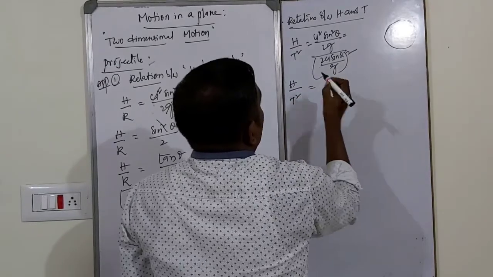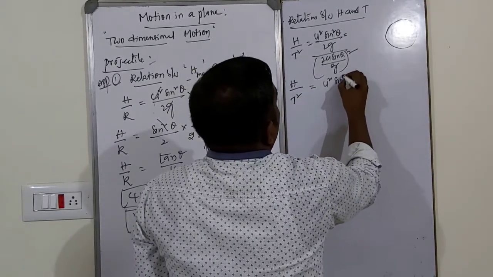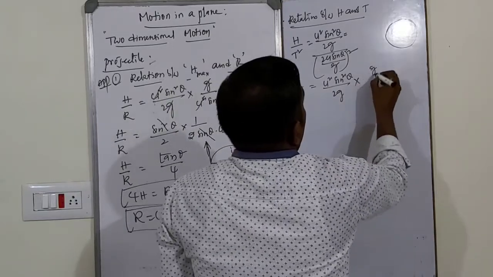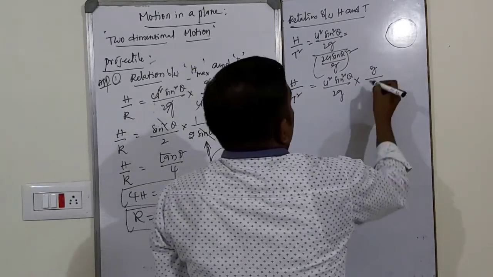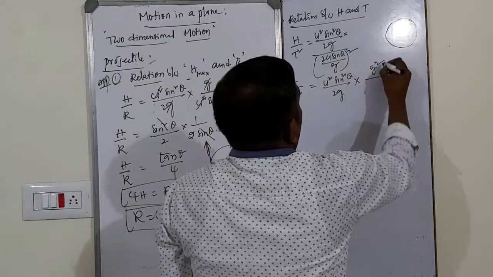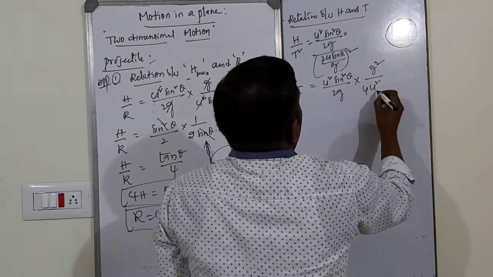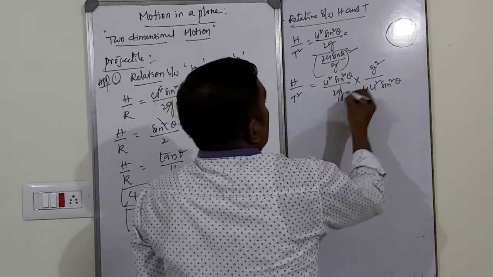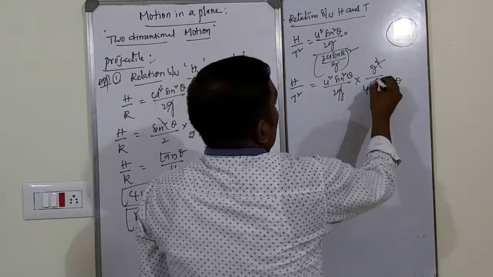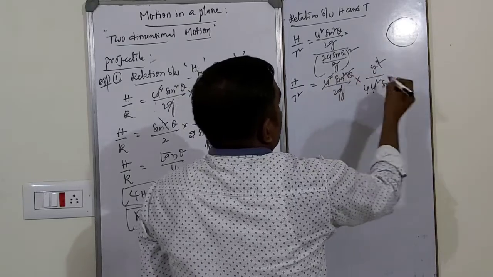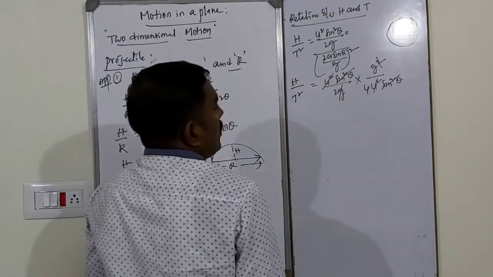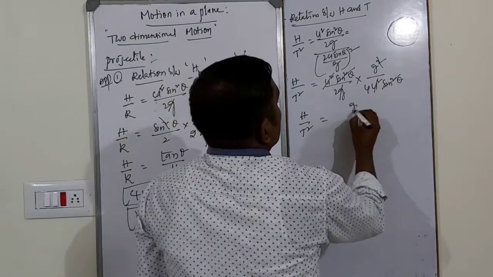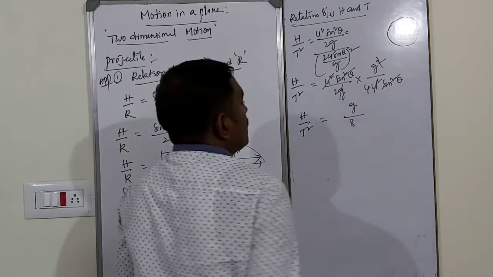H by T square is equal to u square sin square theta by 2g into g square divided by 4u square sin square theta. So g cancels out, u square cancels out, sin square theta also cancels out. Then finally H by T square is equal to g by 4 into 2, which is 8.